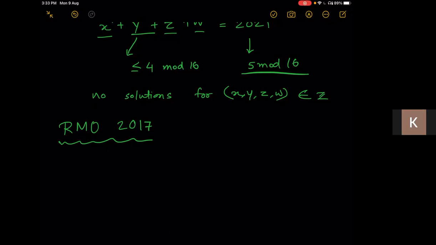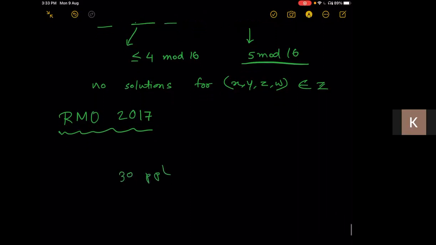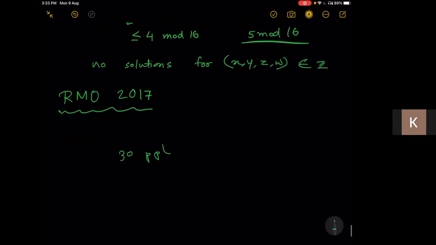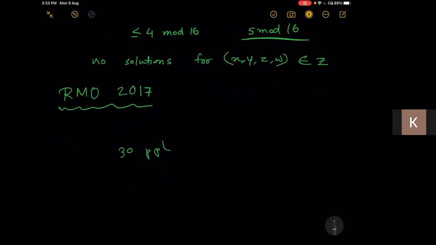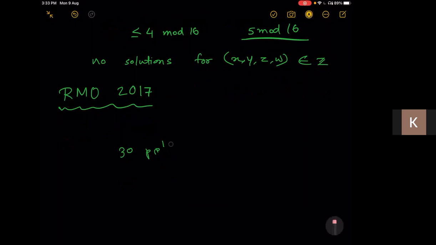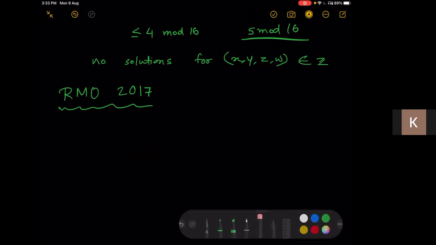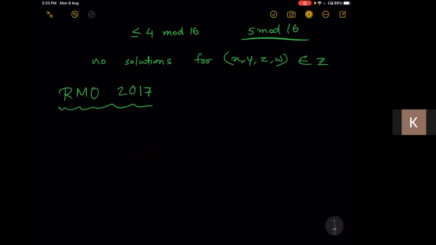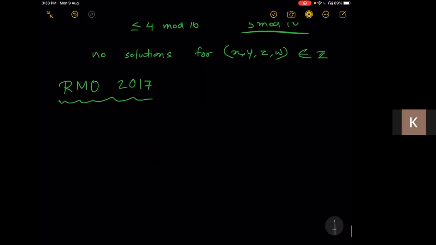Only 30 people passed, na, from entire West Bengal. Also, that year paper was a bit easy. Like the next year, the cutoff went to 40, 42, like that. So it varies year to year, and that year the paper was easier, so cutoff also was higher. Next year cutoff went lower because paper was harder. You can see IMO paper 2017.